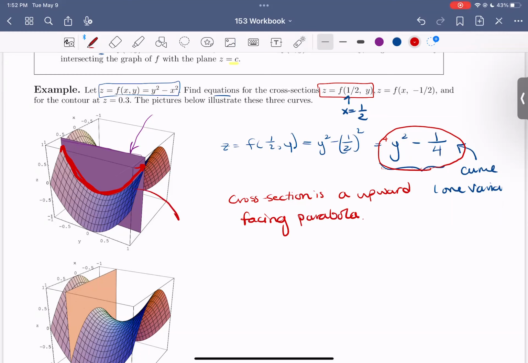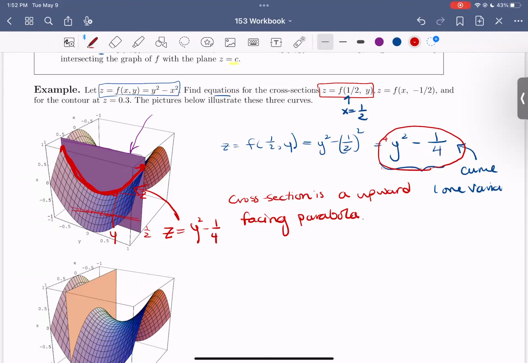All right, and we can write the equation of that curve as z equals y squared minus 1/4. And so notice along this curve, the x value is always 1/2, and then the y value varies. So here's the y value, and the output value is up here at z.